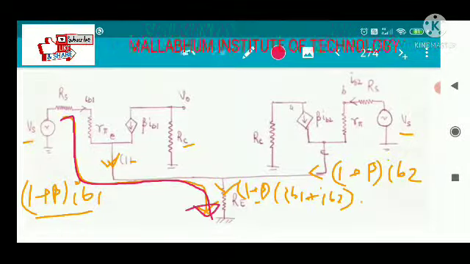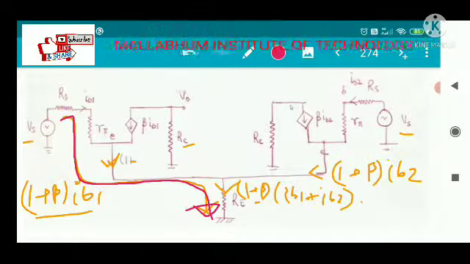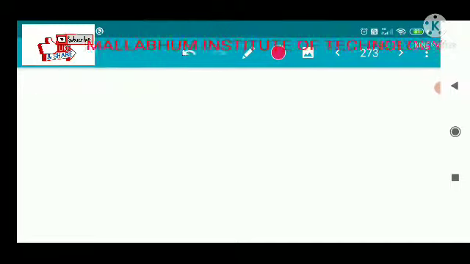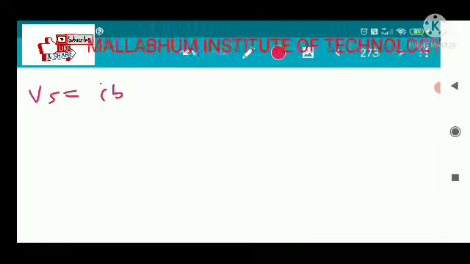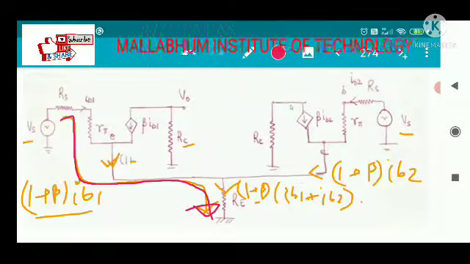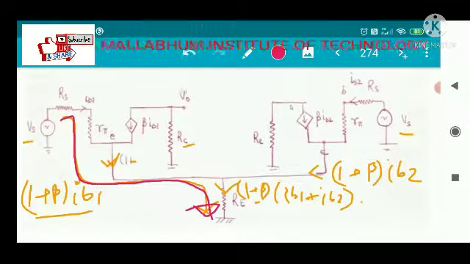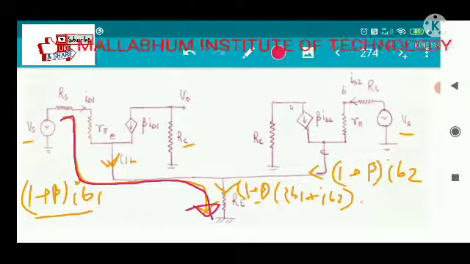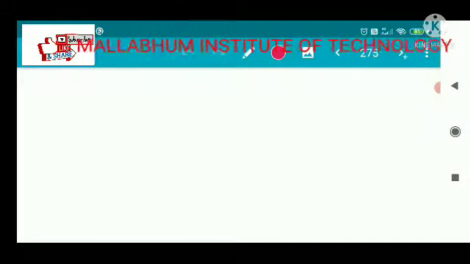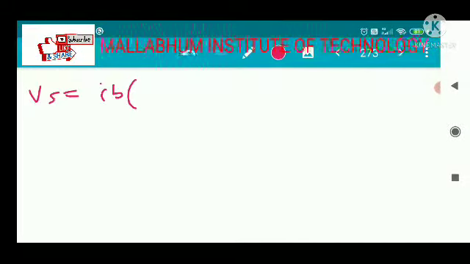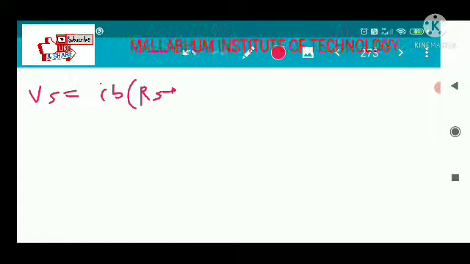If you consider this loop, then the KVL equation is like this: Vs equals IB. Now we will consider IB1 and IB2 as IB. So this is your IB times Rs plus R pi, and don't confuse this with R pi.